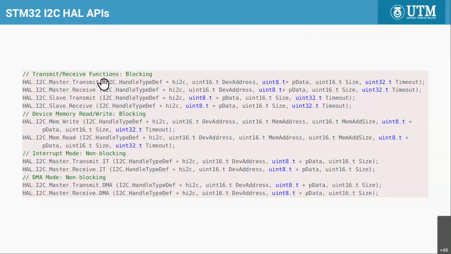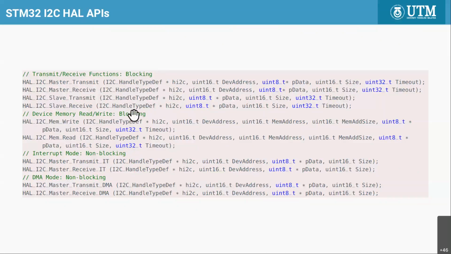Then we have HAL I2C slave transmit or HAL I2C slave receive, for when the STM is acting as a slave. These functions are blocking. That means it will wait until the transfer is completed before going to the instruction after the function call.